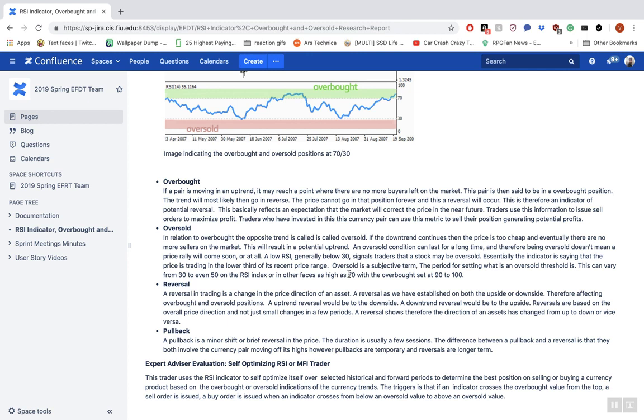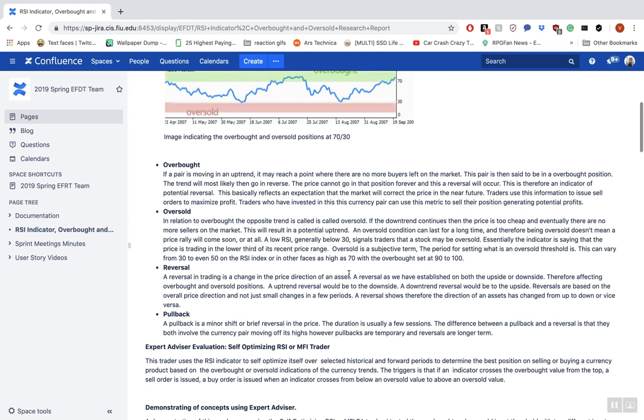Now, two important terms that are relevant to overbought and oversold are reversal and pullback. A reversal, as we've said in the overbought and oversold position, means a reversal in the price direction of an asset.